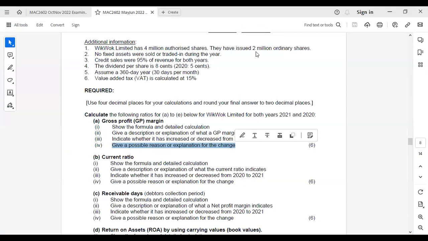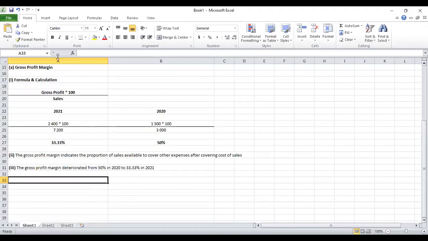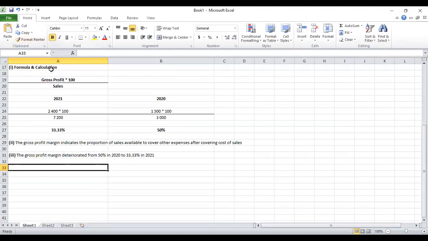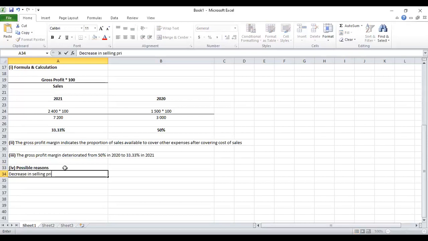There are many reasons why our gross profit margin can increase or reduce. There can be decreases in selling prices due to competition.